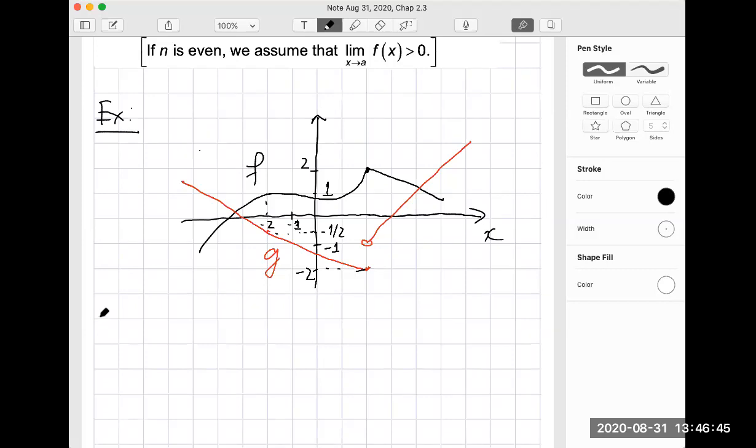The question is to compute the limit of f of x plus 3g of x when x approaches -2.